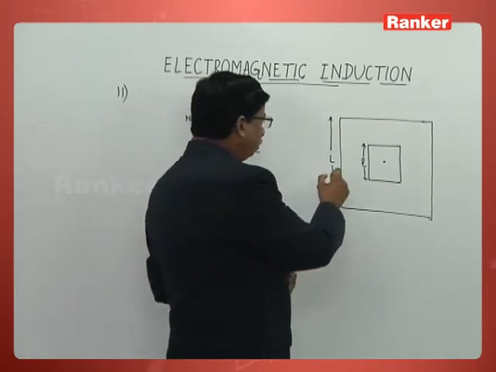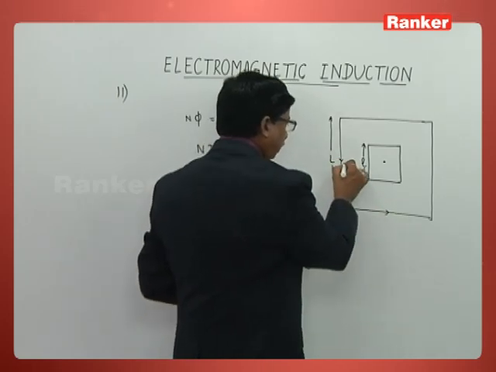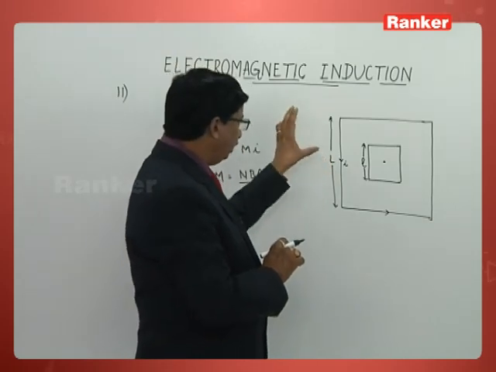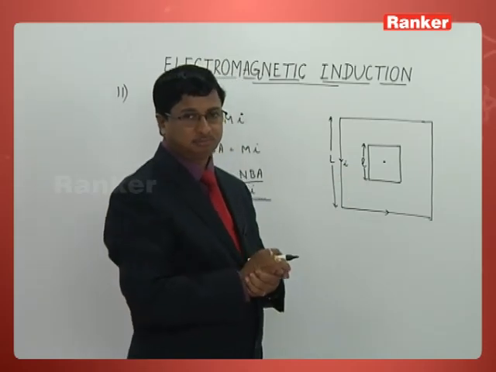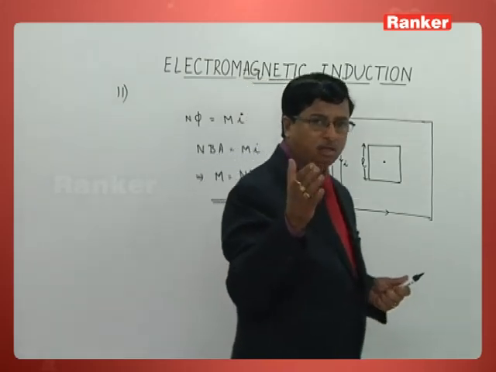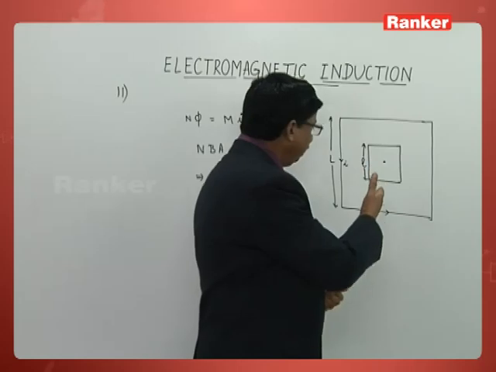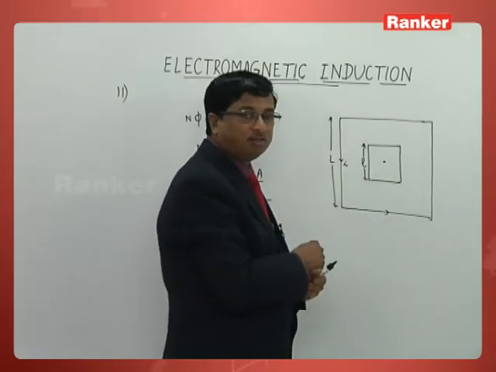So first and foremost, when it is carrying current like this as I, what will be the magnetic induction at the center of the square coil? According to the right hand rule, you can directly understand the direction of the magnetic field produced due to this passage of current.